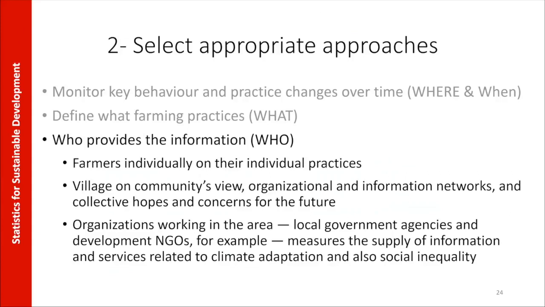One is going to be farmers individually, and they will inform on their individual practices. We will also like to have the village as informant, and it will inform us on communities' views, organizational and information networks, and the collective views and hopes and concerns about the future.